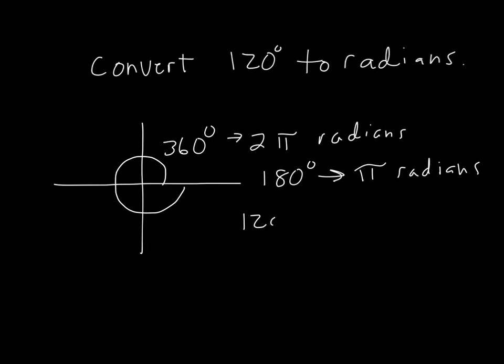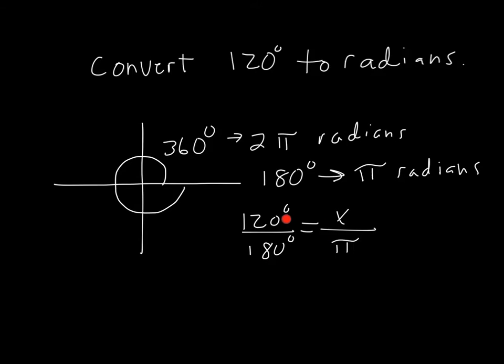120 goes with, I don't know how many radians, but I do know that, let's say, 180 degrees goes with pi. I pick something I know that goes together. So it's just a simple proportion. We don't really even need to put the degree symbols in here. We're just going to cross multiply.